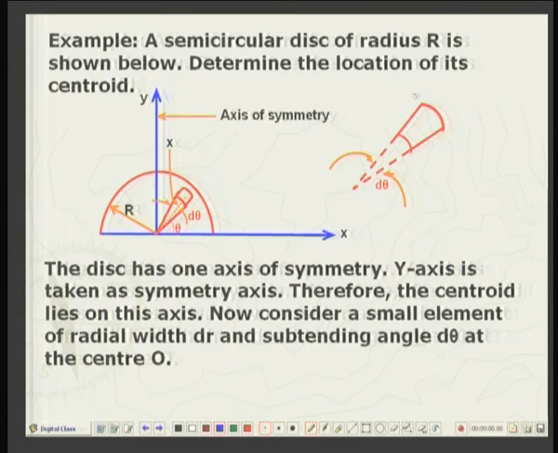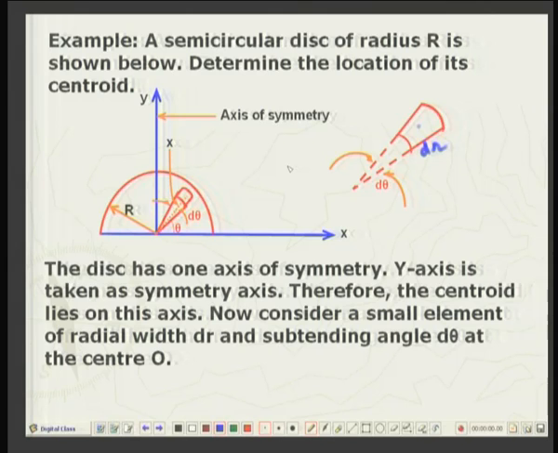This sector-like shape is chosen so that it subtends an angle d theta at the center, and its inclination is theta to the x axis. This side is dr, okay, and the center of this sector is at a distance of radius r from the center.